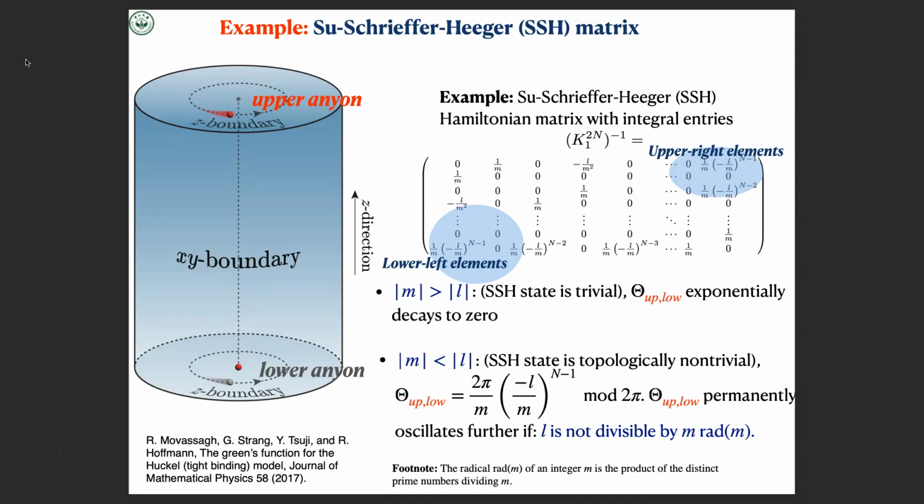So we found that in this region, before we mod 2 pi, this theta is permanently oscillating in the first Brillouin zone, because theta is defined mod 2 pi, right? So in this region, we in fact have some non-trivial Toeplitz braiding between the upper angle and lower angle.